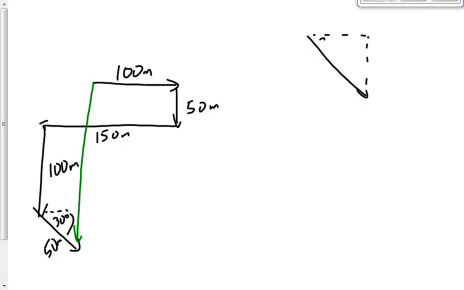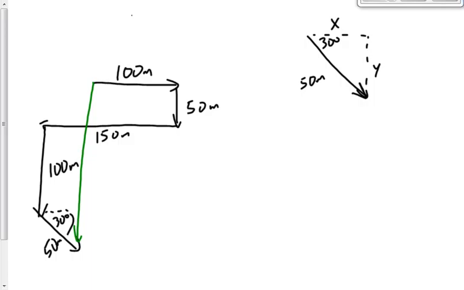Here's my 30 degrees. Here's my 50 meters. This is the x side. This is the y side. We can calculate the x side using which trig function? X is the adjacent side of the triangle. So which trig function do I use to find that adjacent side?